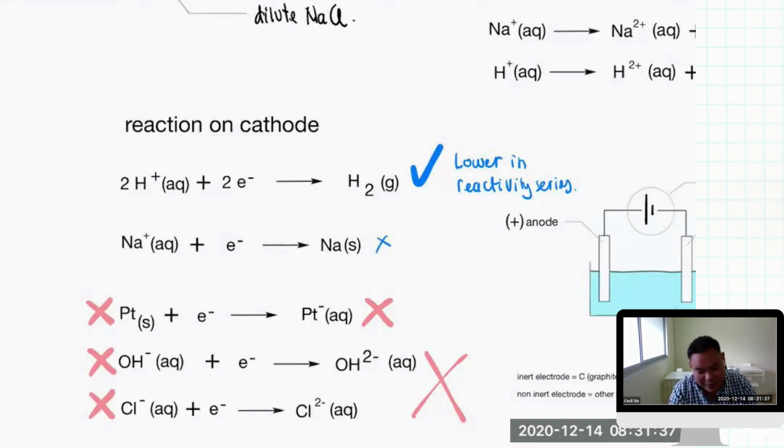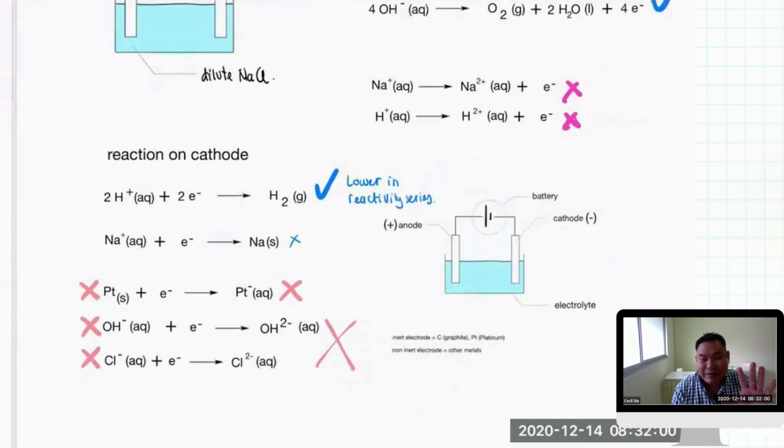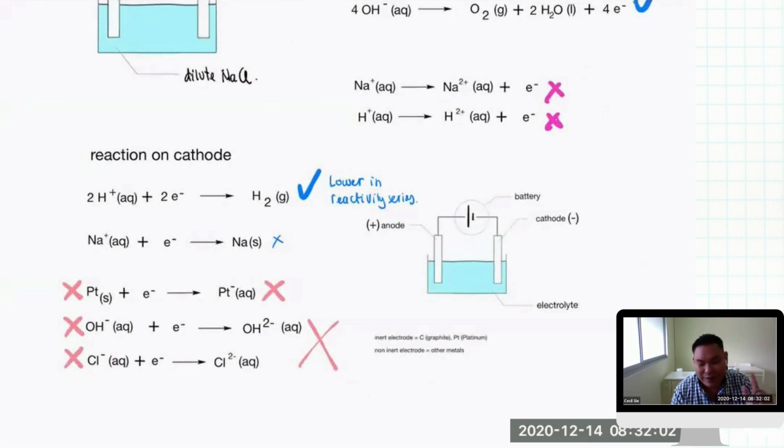The reason for that: sodium is reactive. It is less likely for you to produce something that is reactive. H2 is less reactive than sodium, so it's more likely for you to produce H2. Yeah. So remember, we have 5. 3 of them are very, very unlikely.